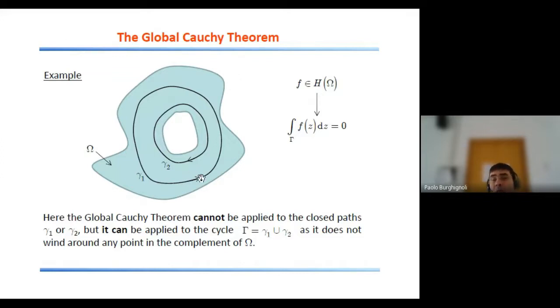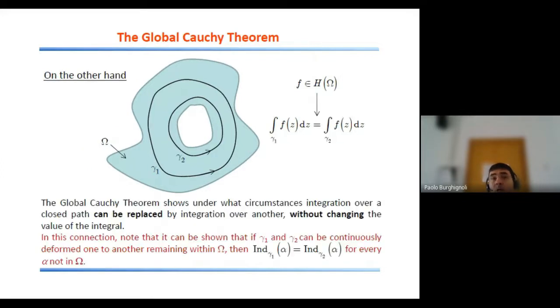However, it can be applied to their union for the reason I have just explained. And as a consequence, now if you reverse the direction in gamma 2 so that now both gamma 1 and gamma 2 go counterclockwise, okay, then you may conclude immediately from the previous result that the integral along gamma 1 must be equal to the integral along gamma 2.